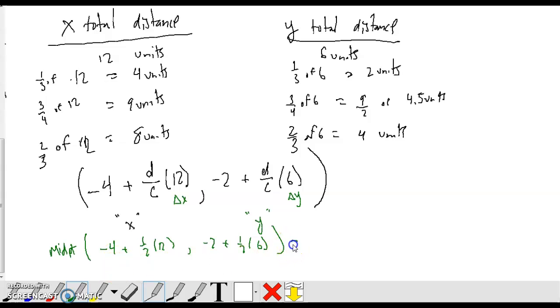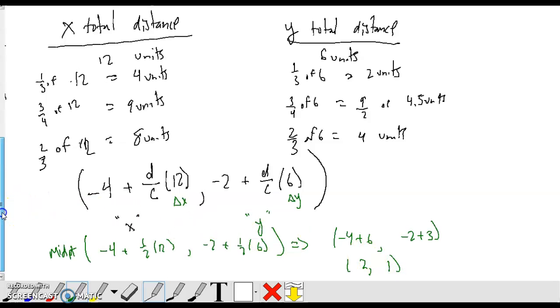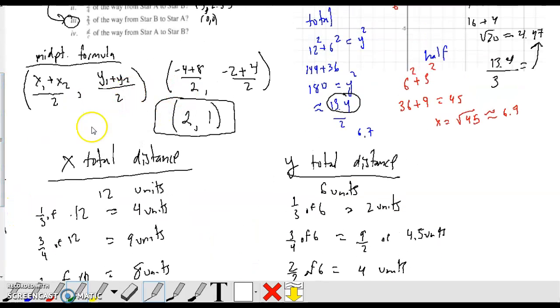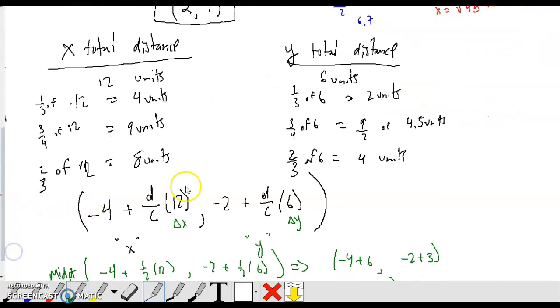So this would give me -4 plus 6 and -2 plus 3, which ultimately gives me 2, 1. So again, we get the same value as we get with our midpoint formula. So again, this formula is probably a little bit better because now you can use it for all the distances, not just for a midpoint.